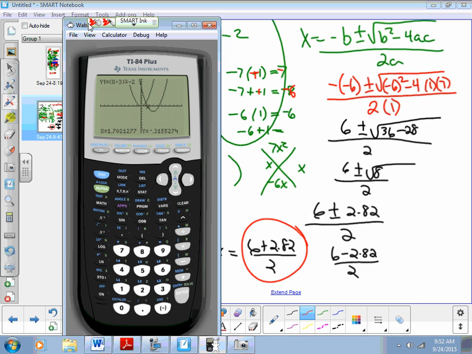Now, even that is not exact, because I'm already estimating 2.82, since it was 2.82 and some other numbers. So I'm already off a little bit. But if you do 6 plus 2.82, that's 8.82. And 8.82 divided by 2 would be 4 point something. Is that right?